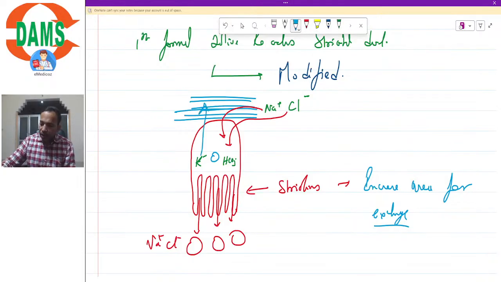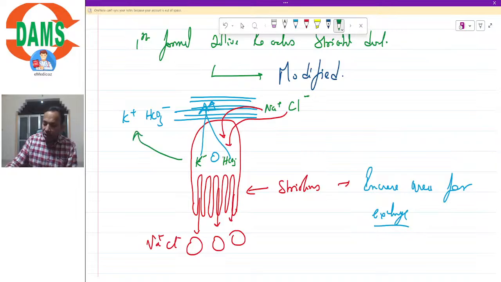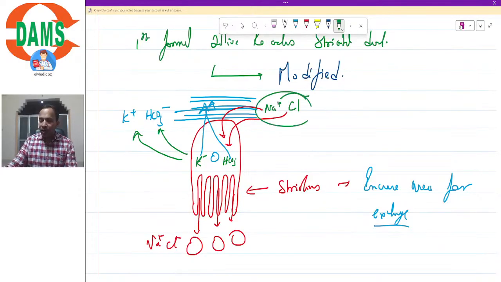So potassium and bicarbonate are secreted into the saliva by these striated duct cells, right? So sodium and chloride are removed, potassium and bicarbonate are added.